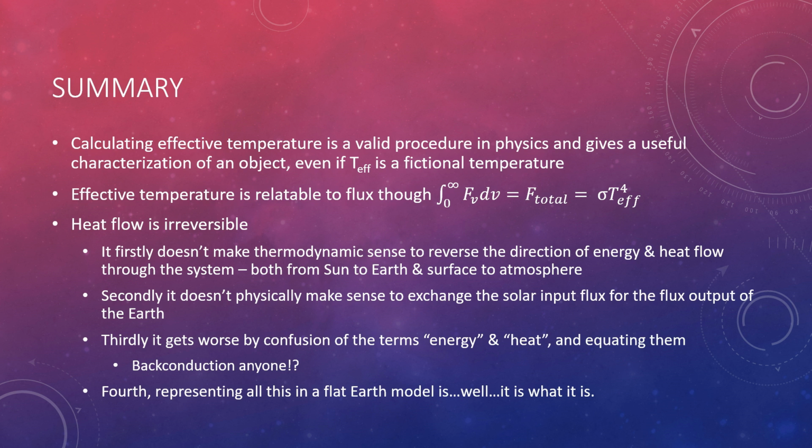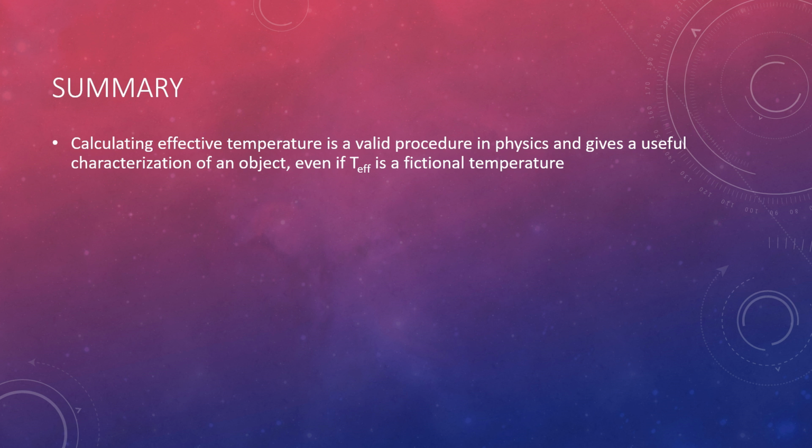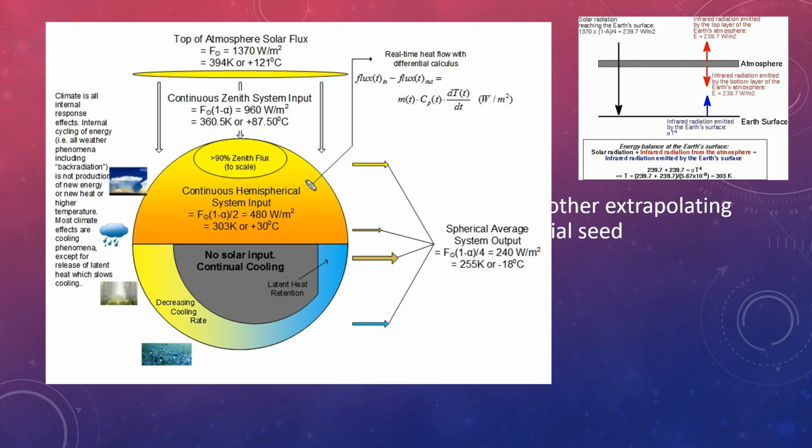However, heat flow is irreversible. It firstly does not make thermodynamic sense to reverse the direction of energy and heat flow through the system. Remember that quote from that textbook in the main presentation? He goes on at great length in that thermodynamics textbook about heat flow being an irreversible process. Well, what do they do? They reverse heat flow through the system.